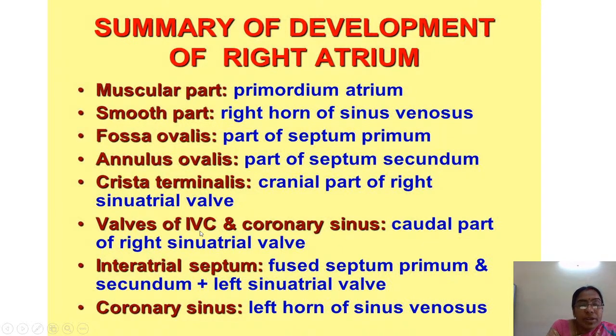The valves of the inferior vena cava and coronary sinus are developed from the right sinoatrial valve. The cranial part of the right sinoatrial valve develops the crista terminalis, whereas the caudal part develops the inferior vena cava and coronary sinus valves. The interatrial septum is formed by the fusion of septum primum and septum secundum along with the upper part of the sinoatrial valve. The coronary sinus is developed from the left horn of the sinus venosus. But this is the development; for you it is not so important.